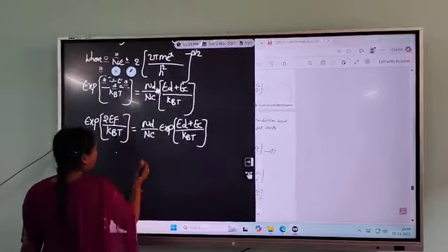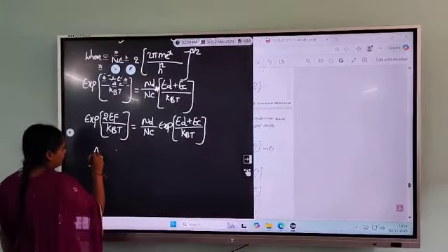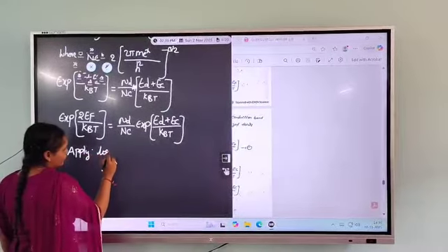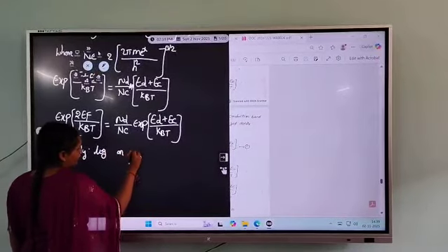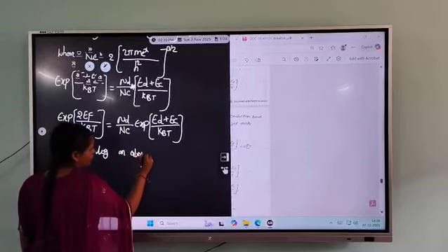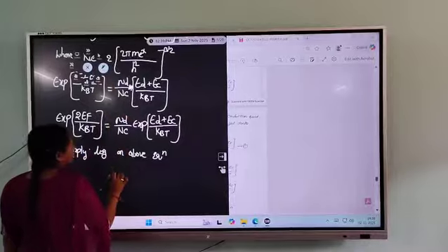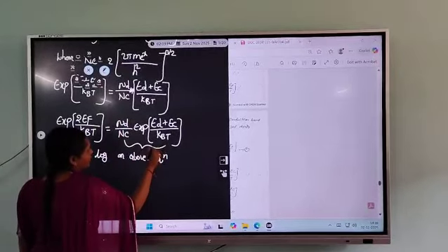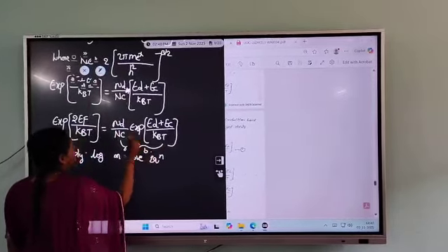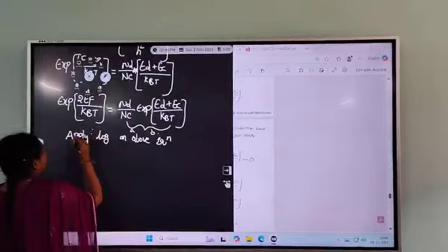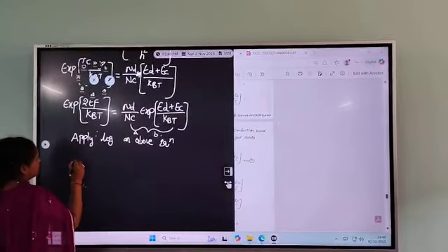Now we apply logarithm to the above equation. Log and exponential cancel.